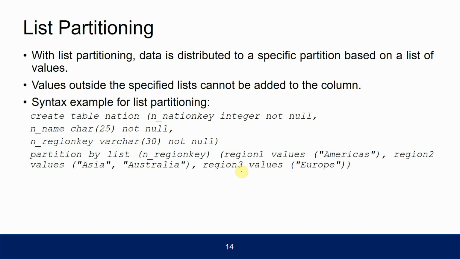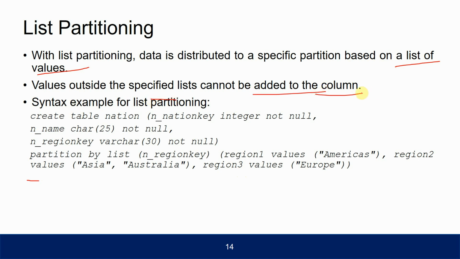Then we have the list partitioning scheme. With list partitioning, the data is distributed to a specific partition based on a list of values. Values outside the specified list cannot be added to the column.